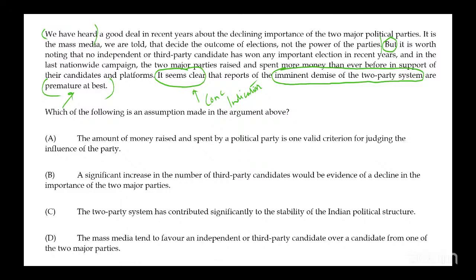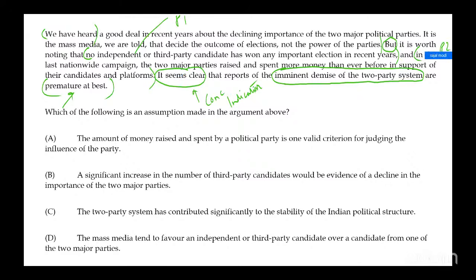What premises are given in its favor? First, we'll identify the premises. This is the first premise. I'll write P1. No independent or third party candidate has won any important election in recent years. This is premise one. And premise two is, in the last nationwide campaign, the two major parties raised and spent more money than ever before in support of the candidates and platforms.